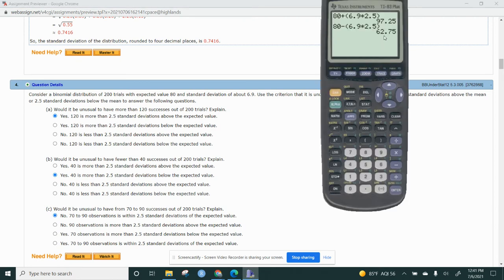Because look, if I'm looking at 62.75 up to 97.25, 70 is greater than 62 and 90 is less than 97. So no, 70 to 90 is within the 2.5 standard deviations.